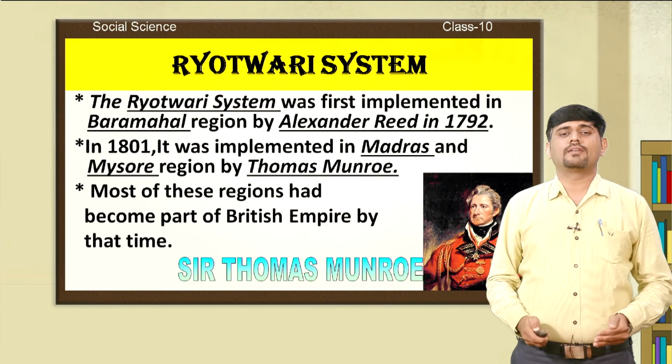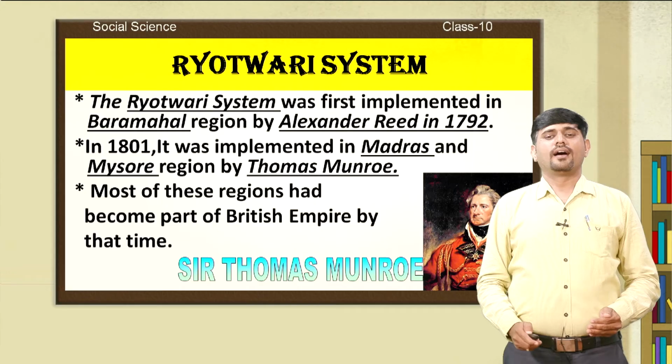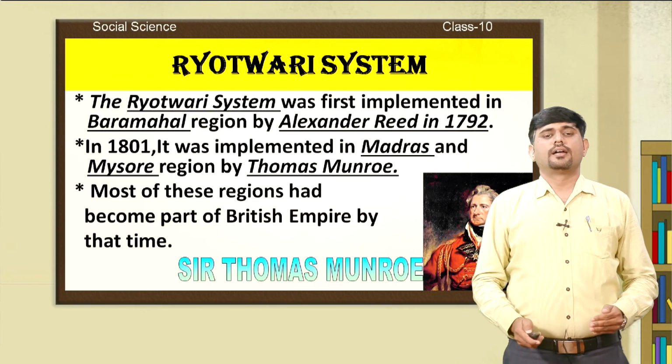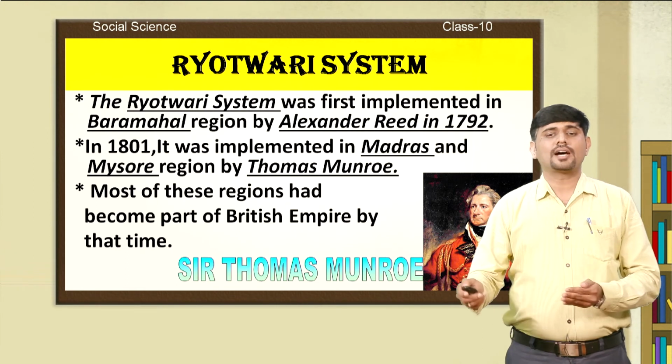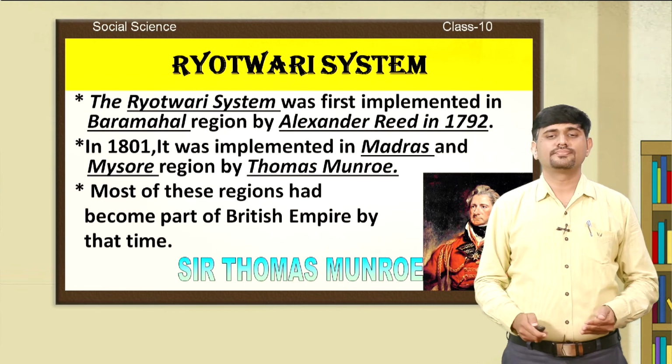Followed by the Mahalwari system, let us learn about the Ryotwari system, children. The Ryotwari system was first implemented in the Baramahal region by Alexander Read in 1792. Later, in the year 1801, this system was implemented in the Madras and Mysore regions by Sir Thomas Munro.